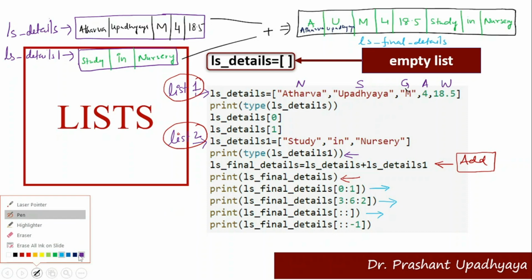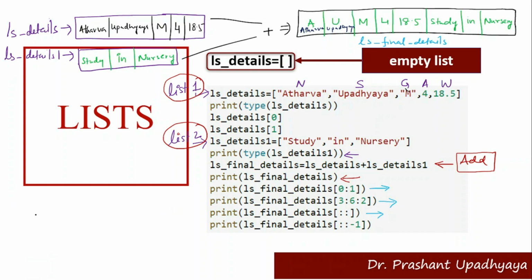Whenever we are talking about a list, we have a starting and an ending position. For example, if I'm saying ls_detail[0:1], this 0 means your start point and this 1 means your stop point. Say this is 0 and this is n.